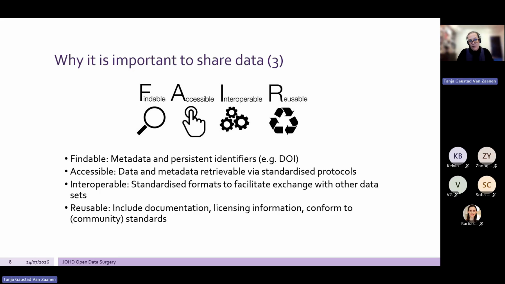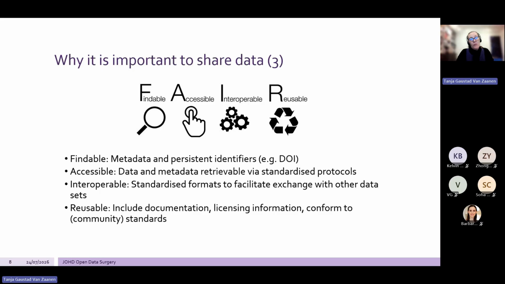And FAIR stands for findable, which means you do have metadata and persistent identifiers, for instance, a digital object identifier. It's also accessible, so the data and the metadata are retrievable via standardized protocols. It should be interoperable, preferably, so you want to use standardized formats to facilitate the exchange with other data sets and with other disciplines as well, if possible.